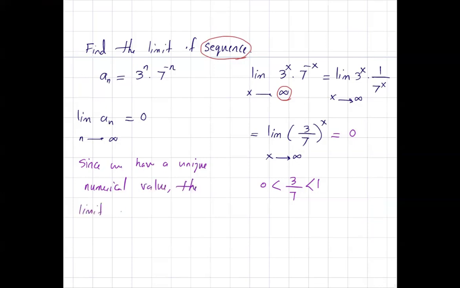The limit exists and the sequence is convergent to 0. Next example for you.